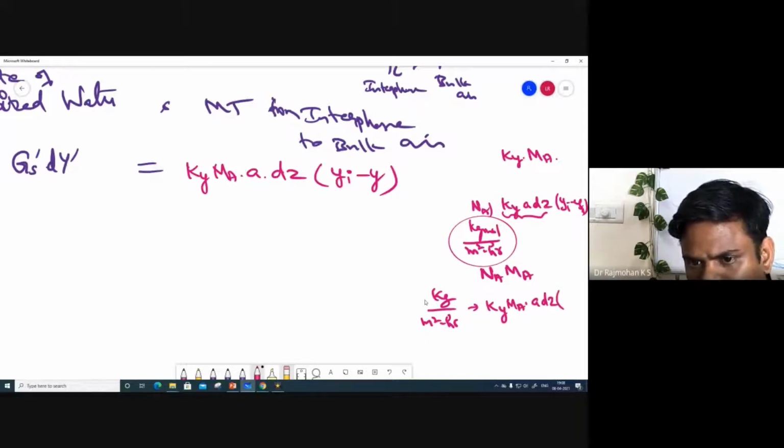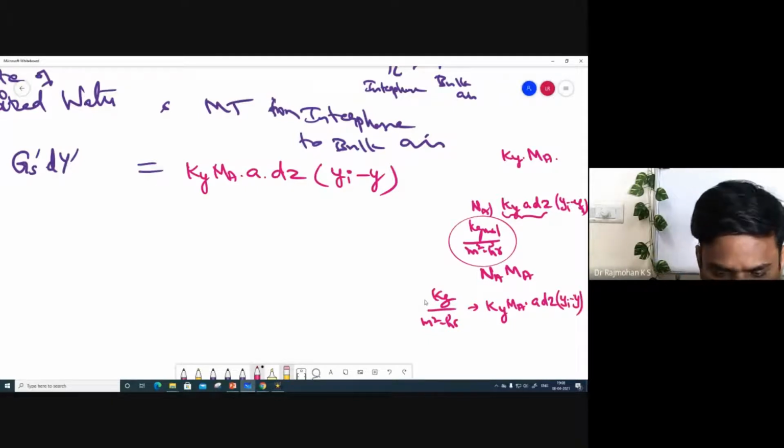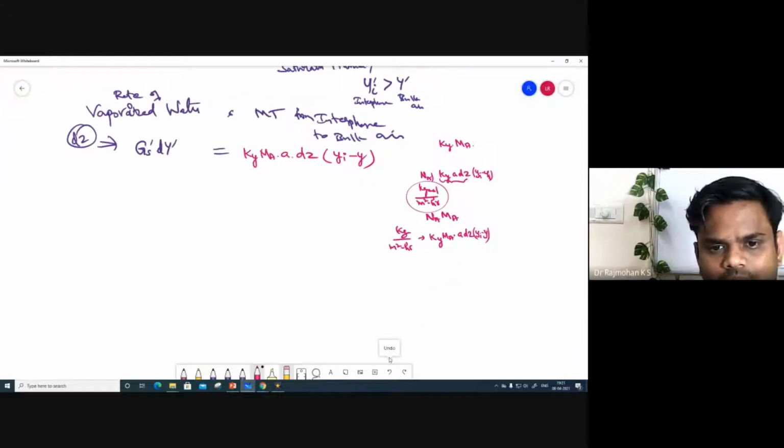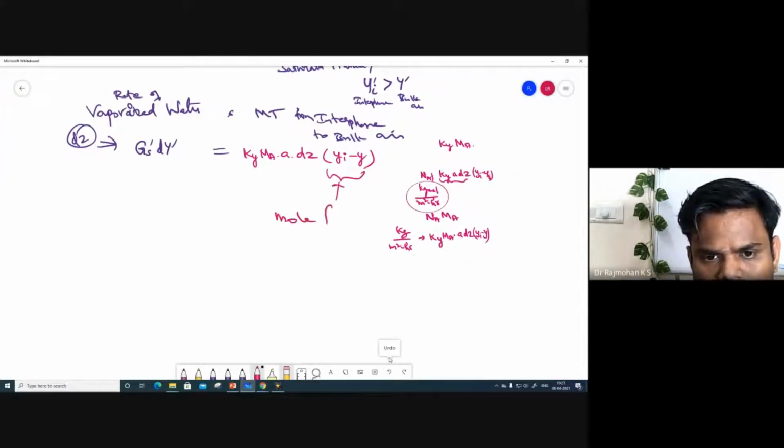into (yi minus y). That is the change. This small y is mole fraction. Now this is mole fraction, but we want to express it in terms of mole ratio and then in mass ratios.